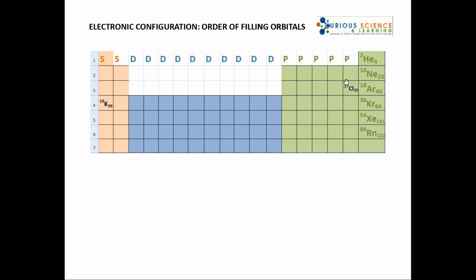For example, this is chlorine, and the previous noble gas for chlorine is neon. For potassium, the previous noble gas is argon. Let's see how we do the shorthand configuration for potassium 19. Potassium is in the s block, which means the outermost orbital ends with s.